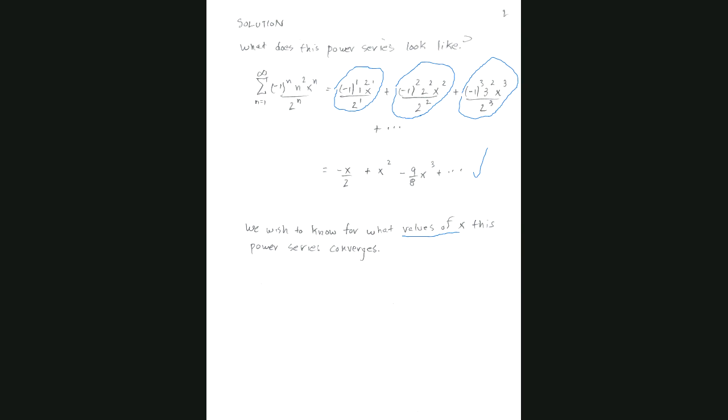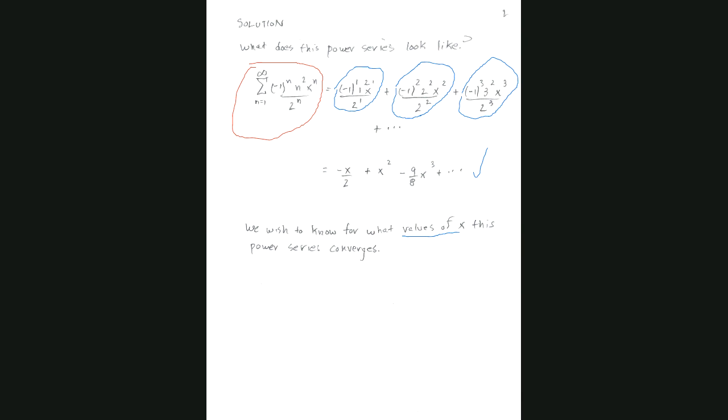So we have this interesting power series here. It's not a geometric series per se. It doesn't start off acting like a geometric series, but maybe when n is large, this series might act like a geometric series.